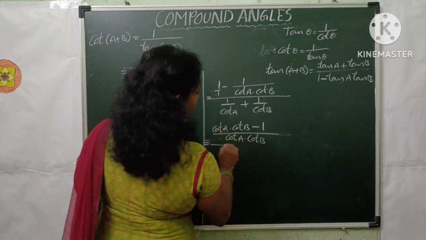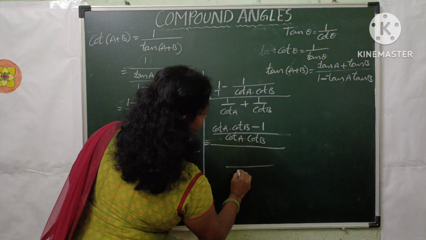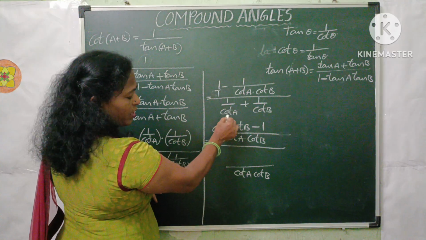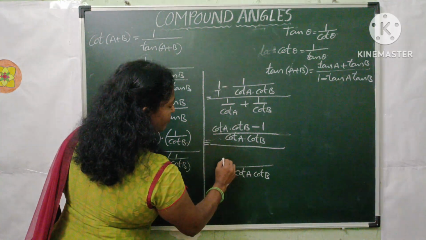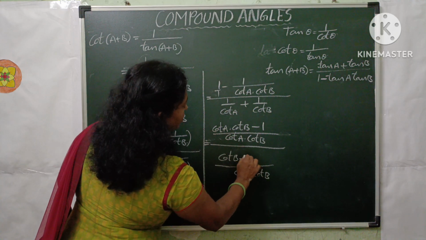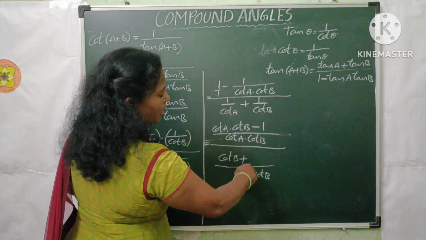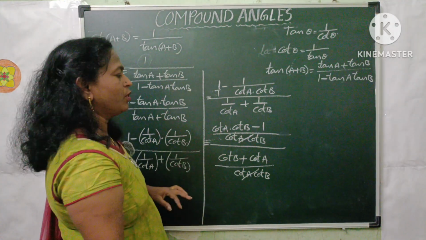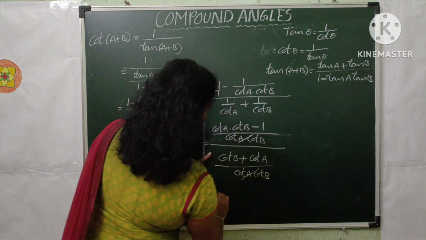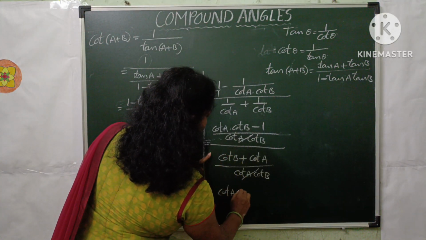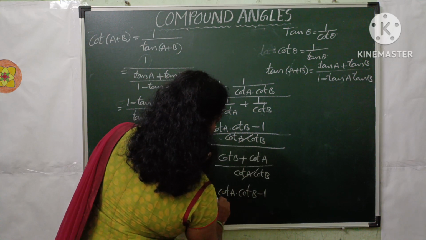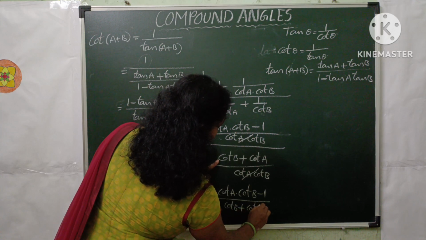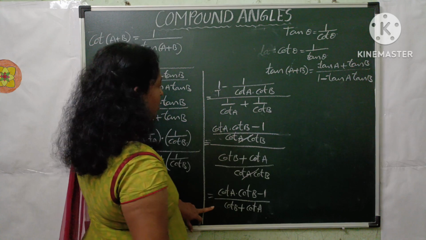In the denominator, cot A cancels leaving cot B, and cot B cancels leaving cot A. The denominators cancel, so that is equal to cot A cot B minus 1 by cot B plus cot A. This is the formula for cot A plus B.